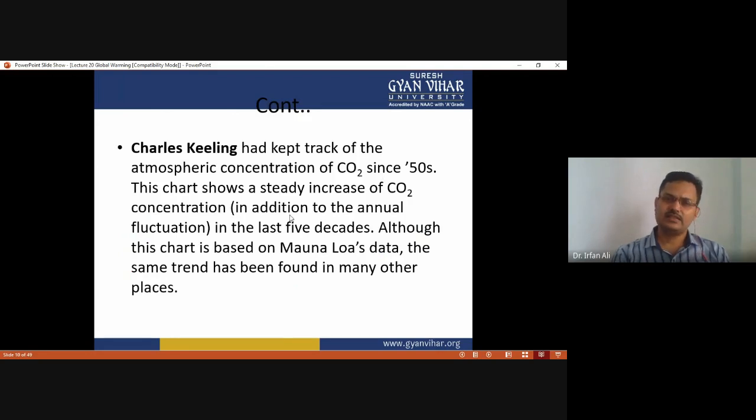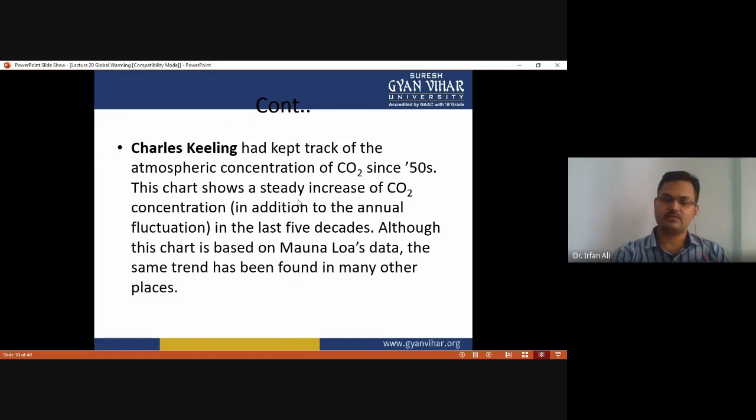This chart is based on the Mauna Loa data, and the same trend has been found in many other places too. Charles Keeling kept track of the atmospheric concentration of carbon dioxide since the 50s.